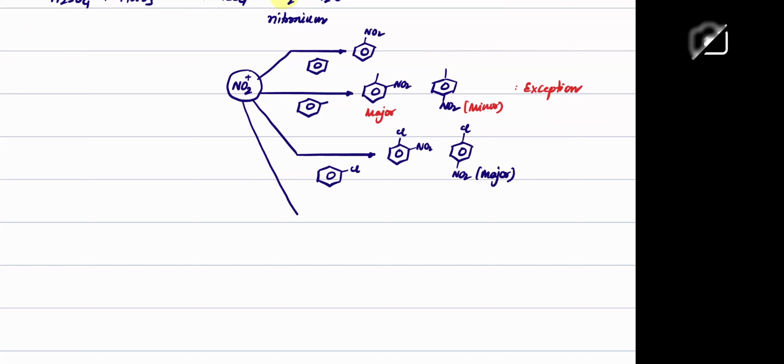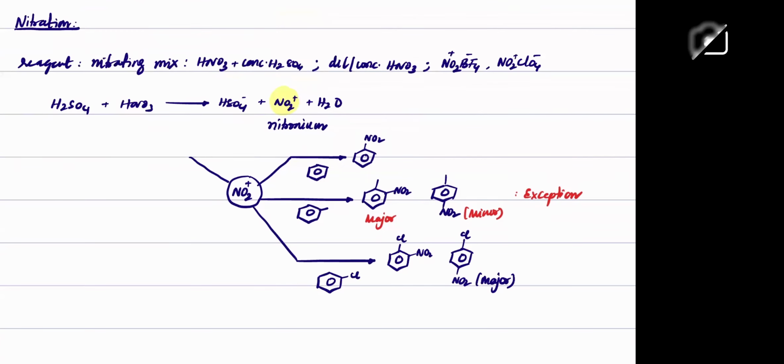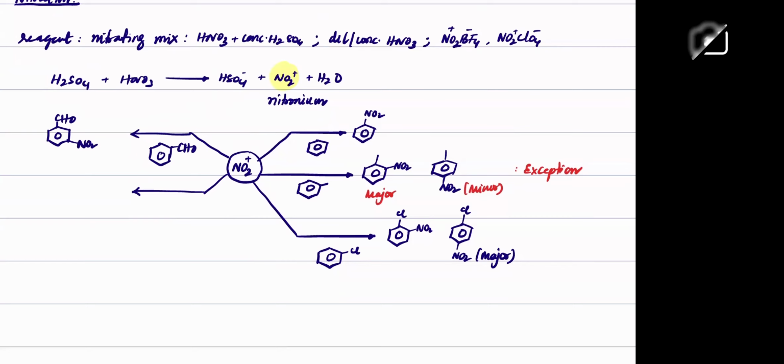Likewise, if you take something like benzaldehyde, here also it is meta directing. So if you have an aldehyde here, nitro will come at this position. Got it? And if you have an acid also, you will have COOH with NO2 at this position only.